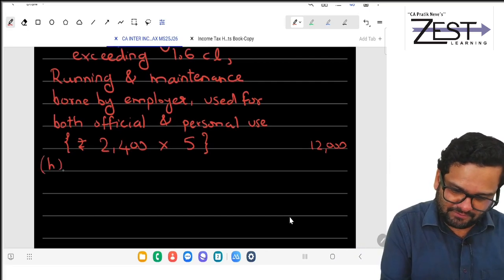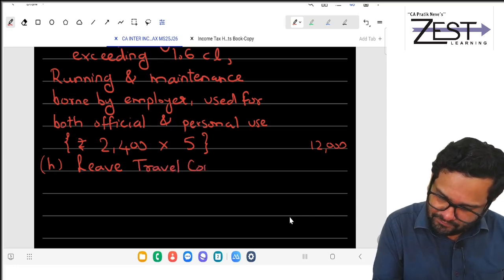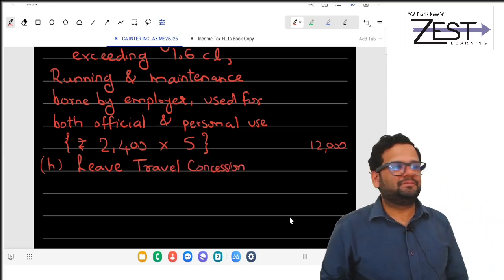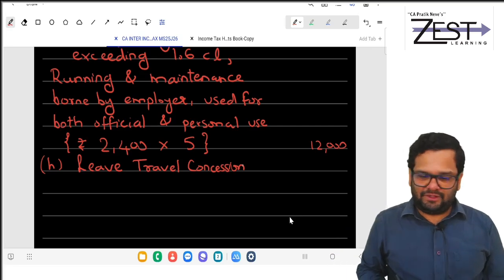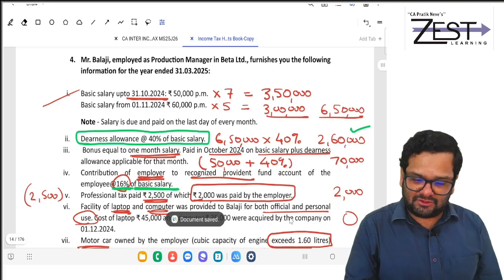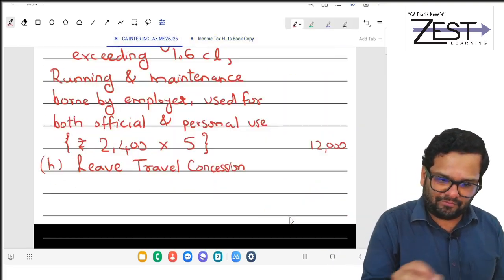H. Can you tell me what is leave travel concession? What is the amount of leave travel concession? Actually, taxable is 0, but received is 75,000.